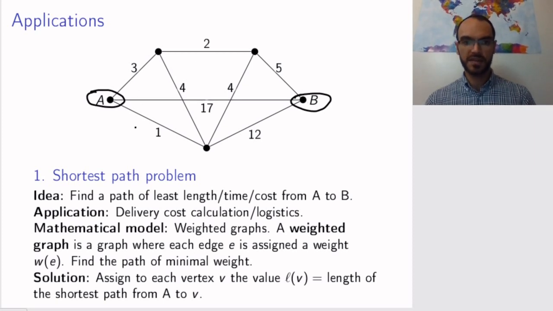The way to do it is I'm going to go through the vertices and assign them a value that corresponds to the length of the shortest path from A to that vertex. As I go through the vertices and end up in B, I will be done with my path. There is a specific algorithm for this, and it is called Dijkstra's algorithm.